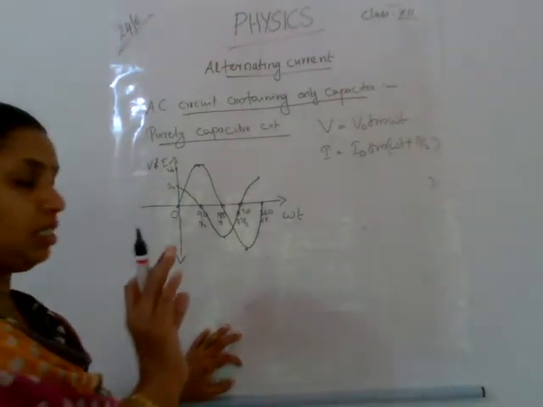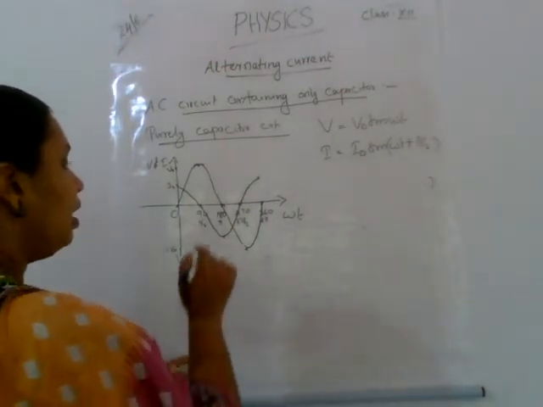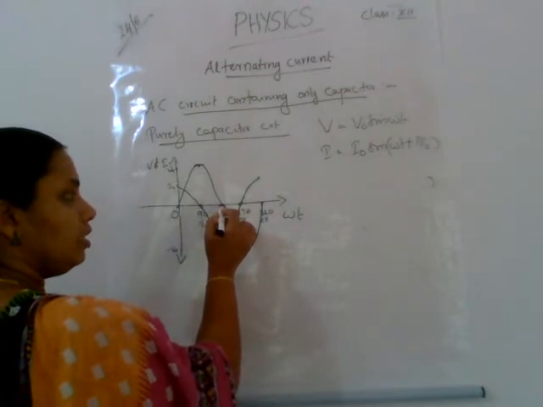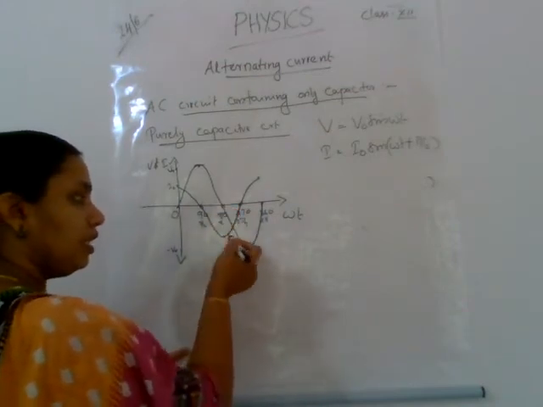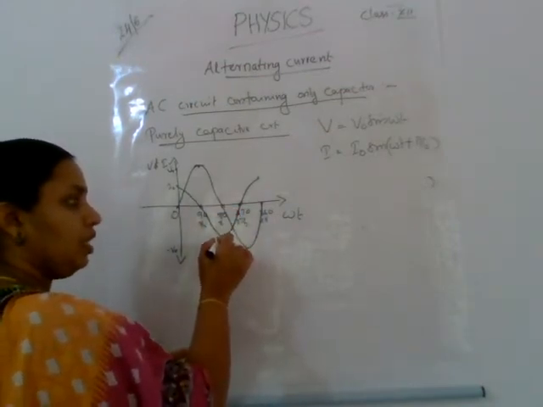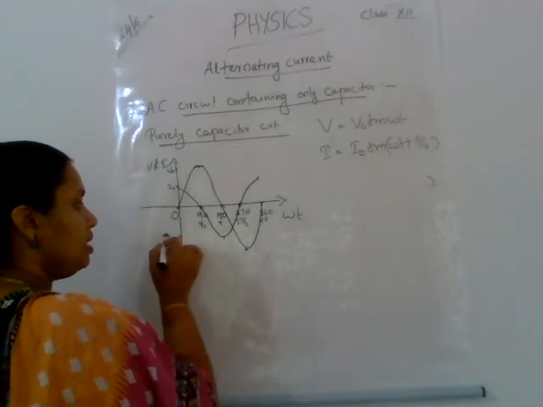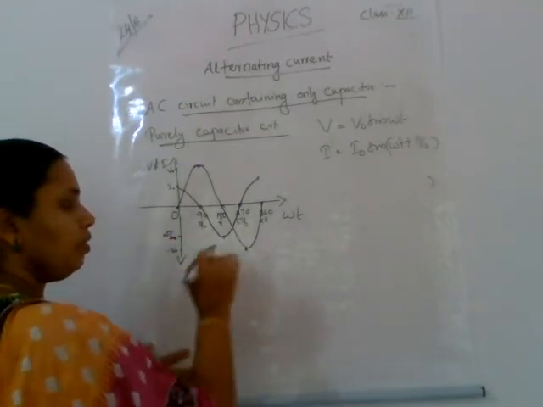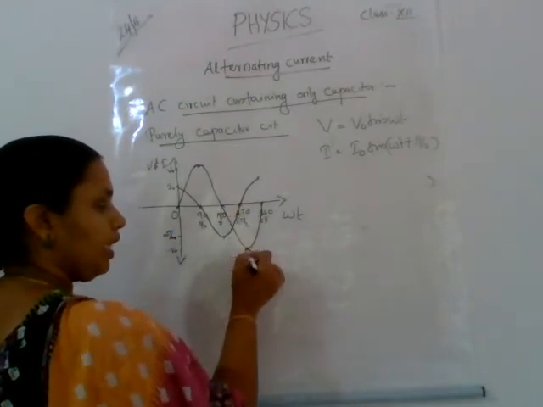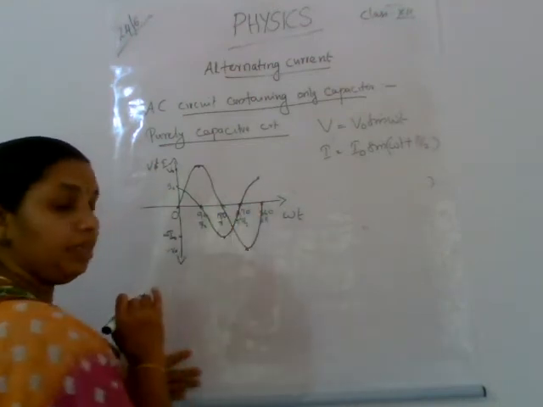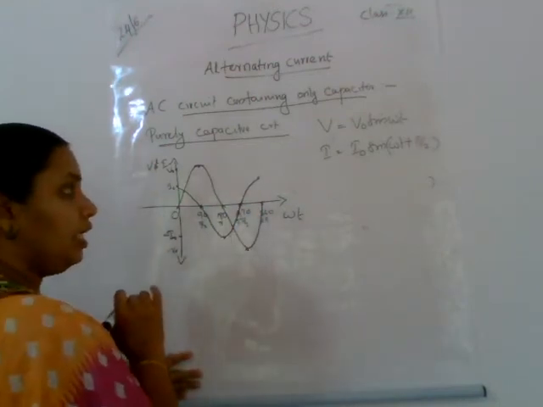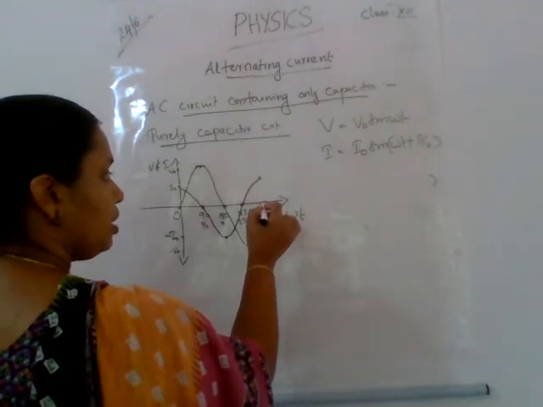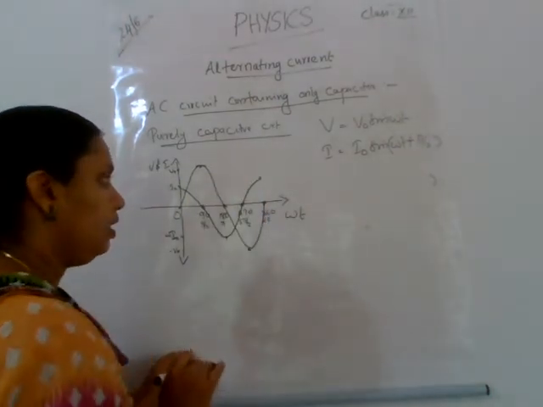That is, the capacitor is fully charged at that time. And here again voltage is 0, but the current flows in the opposite direction. So it comes minus I0. Then your voltage becomes negative maximum, but there is no current. And here the potential is 0, there is maximum current.